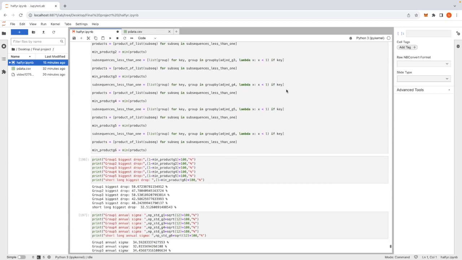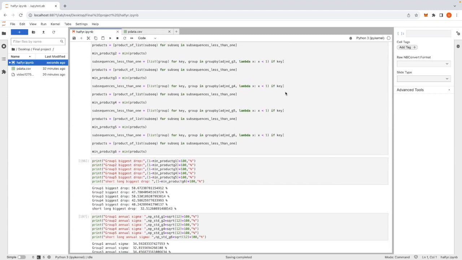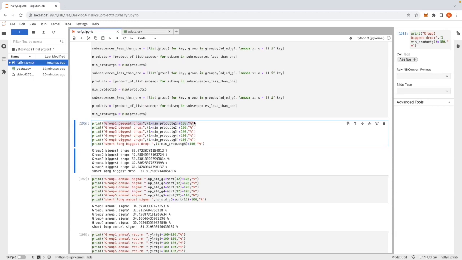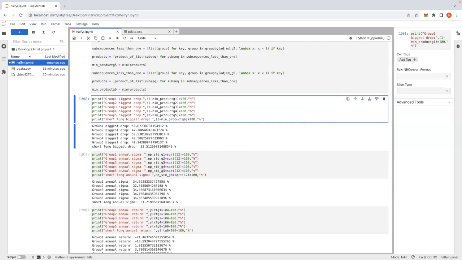Okay, when we have the difference between each group, we can calculate the exact performance numbers of each group. We can see it right here: the group 1 biggest drawdown, the group 5 biggest drawdown, and the short-long biggest drawdown. Group 1 has about a 50% drop, but the short-long biggest drop is only 32% in these 10 years.